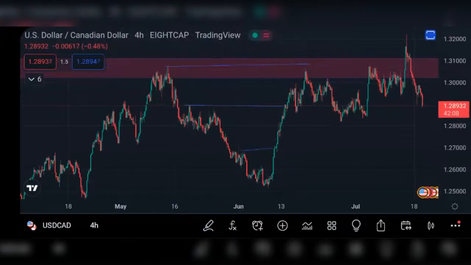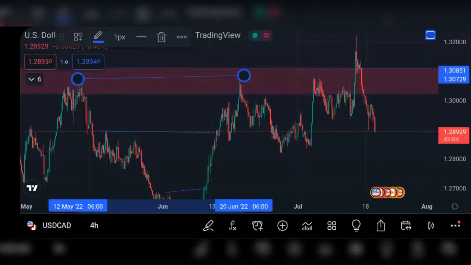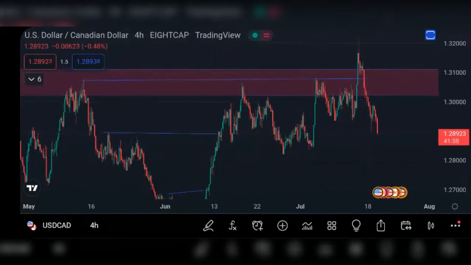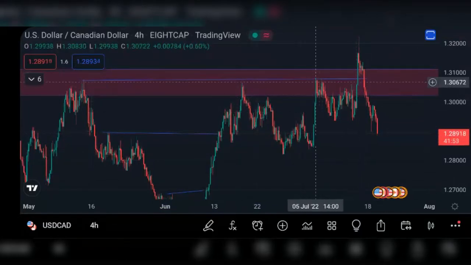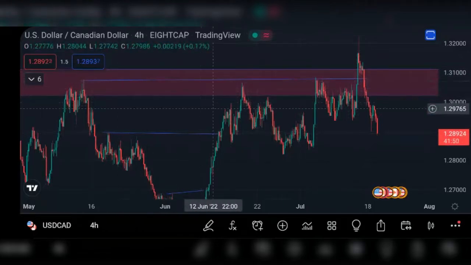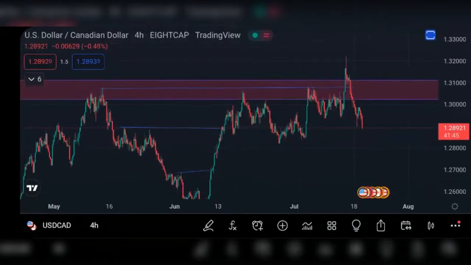Now, if we move forward again, you will see something. Let's drag it. You can see that price actually broke structure. This move here actually broke this structure. This is a clear liquidity grab. In trading, there are different types of liquidity.